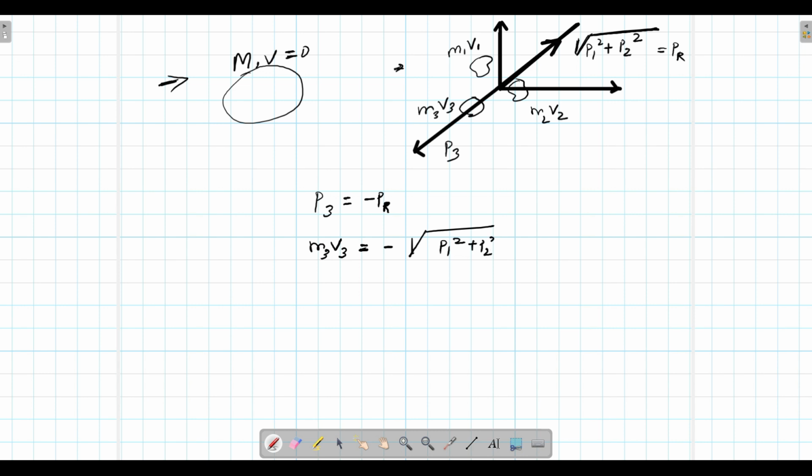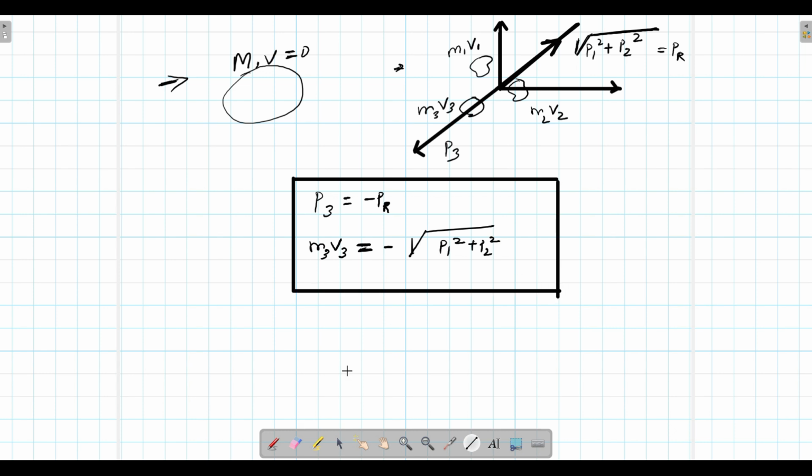So m3 v3 equals p3 equals minus pr. M3 v3 equals the resultant, minus root over p1 square plus p2 square. That is the conservation of momentum for explosion of bomb.